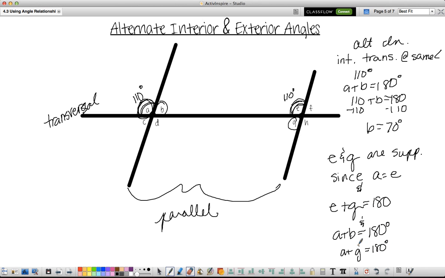So that tells me that A plus B also has to be 180 degrees, so B and G actually have to be congruent. So alternate interior and alternate exterior angles are both congruent. We're going to use these relationships in a little bit to find missing measures, but this is why it works.